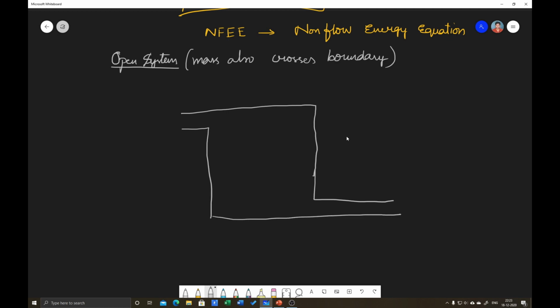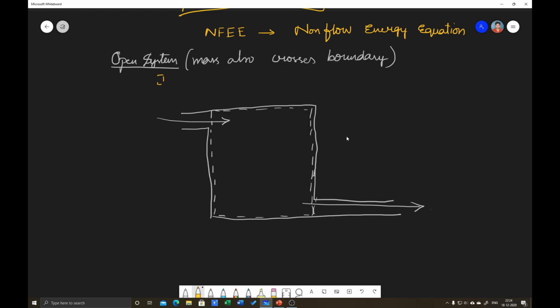An open system is called a control volume because there are openings in the system. So this is the system and this is the boundary. Here the boundary will be imaginary for an open system. A physical boundary will not be there, only imaginary. So here mass is entering and here mass is leaving the system.